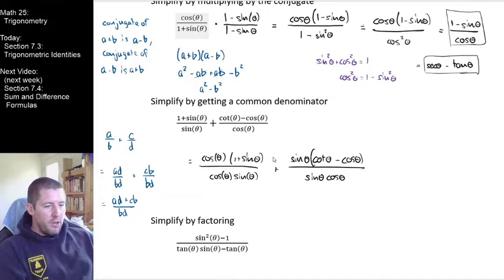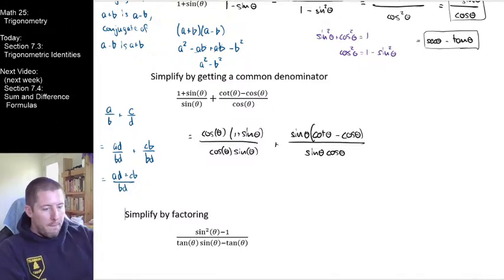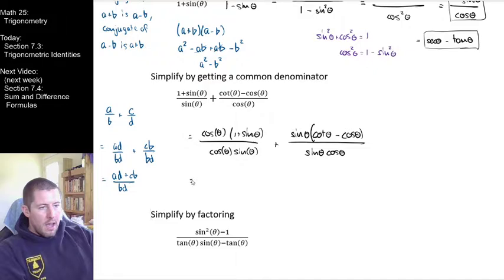So I'm going to do myself a little bit of a favor, and I'm going to expand both of these things. I'm going to blow some terms up here. I want to distribute this cosine now. So I'm going to get cosine of theta times 1 is cosine theta. Cosine times sine.